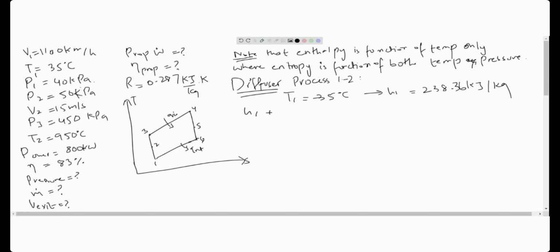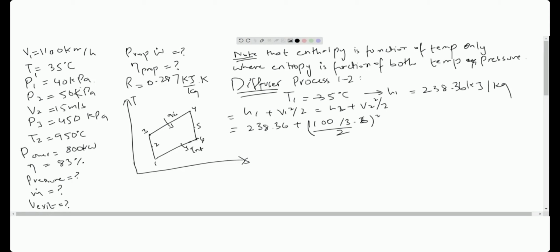H1 plus V1 square divided by 2 is equal to H2 plus V2 square divided by 2. We will put the values over here. 238.36 plus (1100 divided by 3.6) divided by 2 whole square.